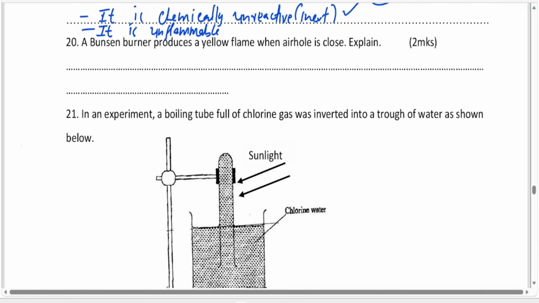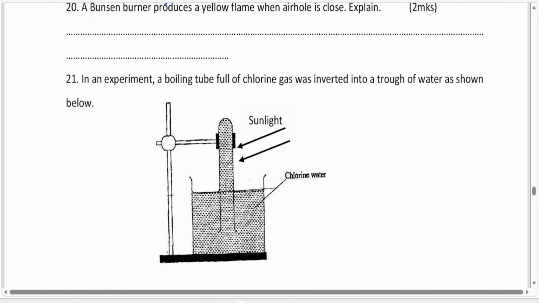Question number 20. A Bunsen burner produces a yellow flame when the air hole is closed. Explain. We know the type of flame that is produced when the air hole is closed is a luminous flame. So why does the Bunsen burner produce a yellow flame when that air hole is closed?